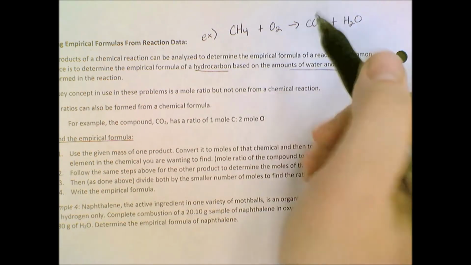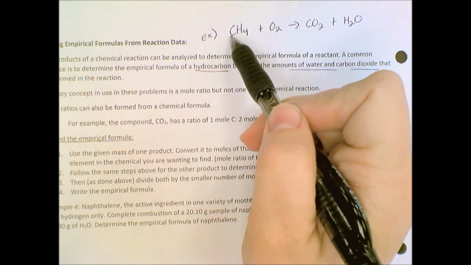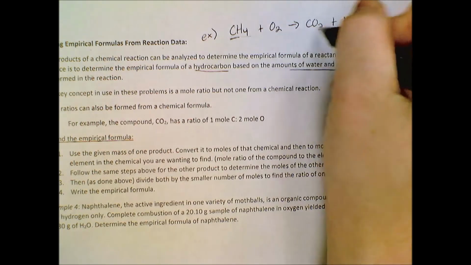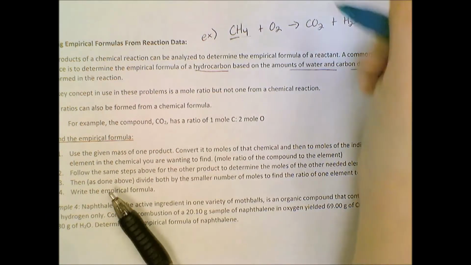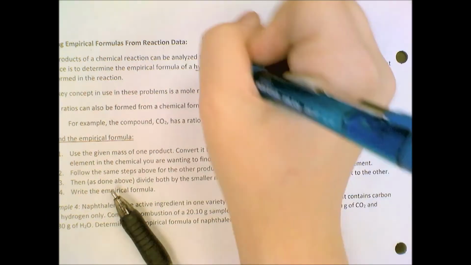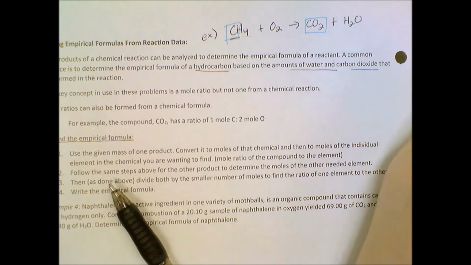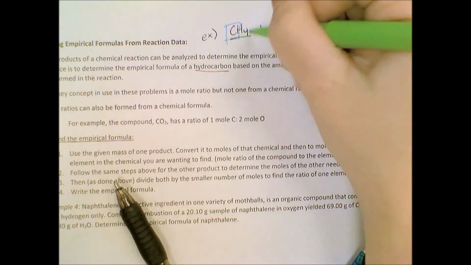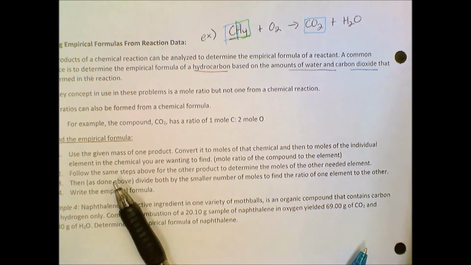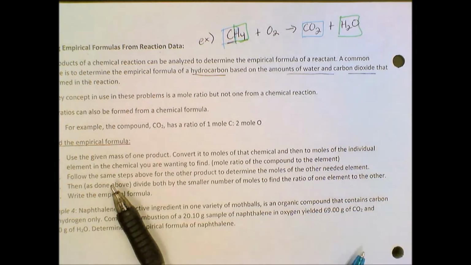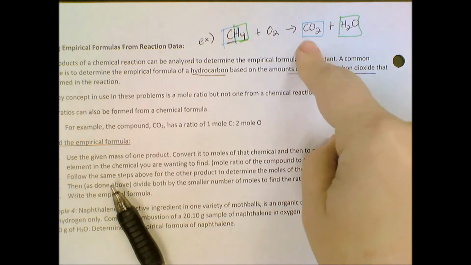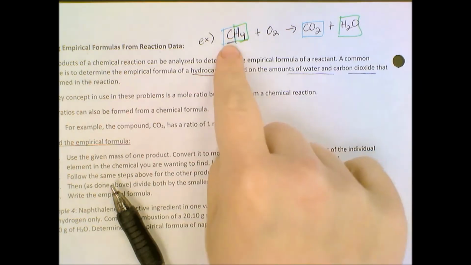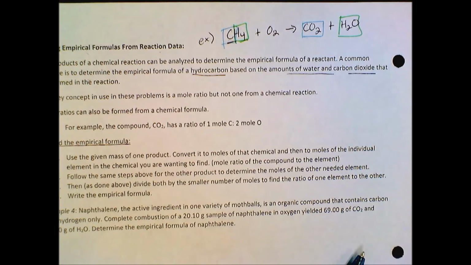When this burns, if we take a sample and burn the entire thing, all the carbon from our chemical is going to end up in this carbon dioxide. So all the carbon ends up in carbon dioxide, and all of the hydrogen is going to end up in that water. So if we know how much carbon dioxide and water we have formed, we should be able to figure out what this formula is. And we actually can.